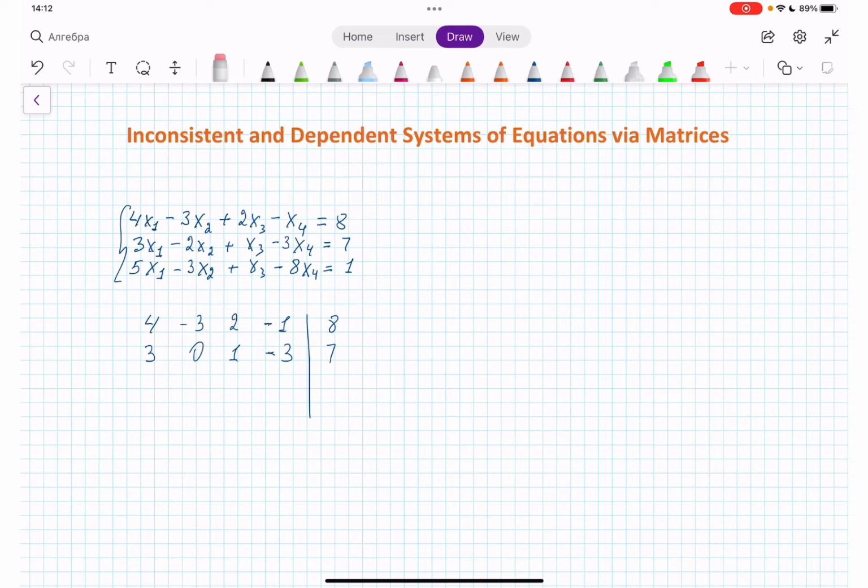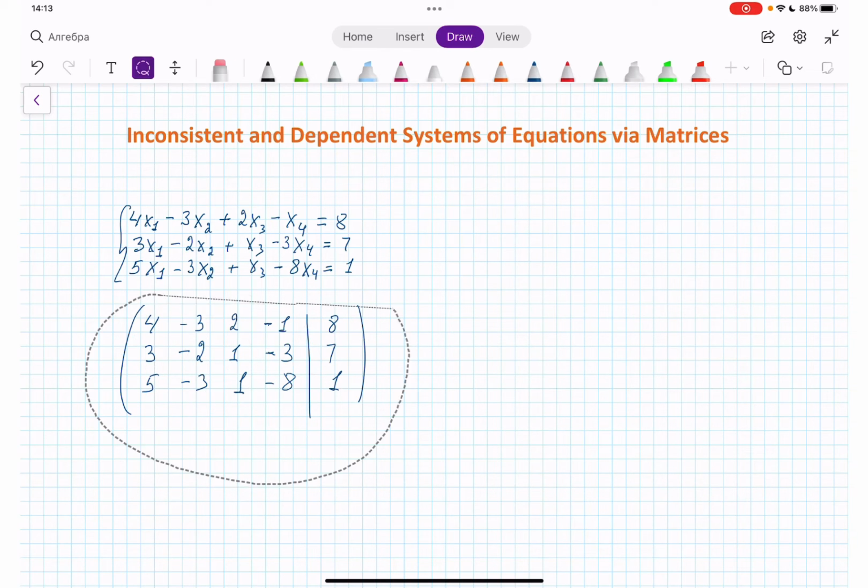Next we have 5, negative 3, oops, this one instead of 0 we're supposed to have negative 2. Okay, 5, negative 3, 1, negative 8, and 1. This is our extended matrix.